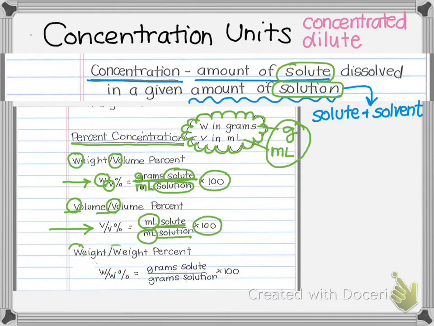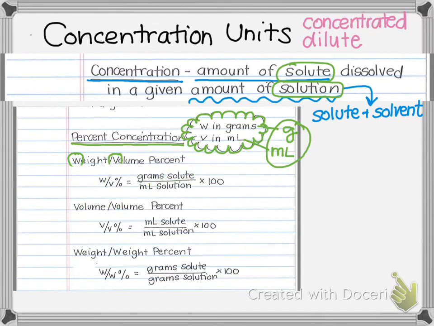So let me erase all the markings, and I want you just to study this again. And notice that what they all have in common is they are all comparing the solute on the numerator to the solution on the denominator, and they all are times 100 because they're all percentages.